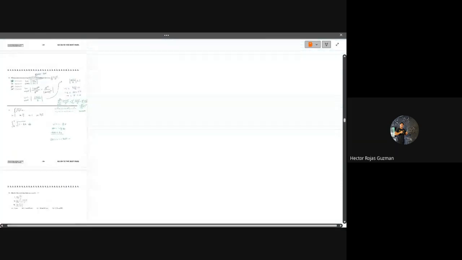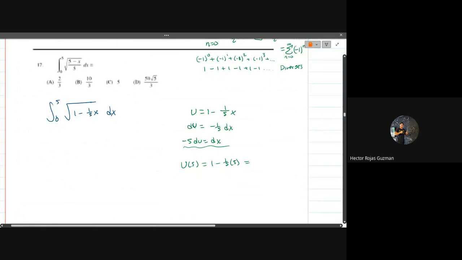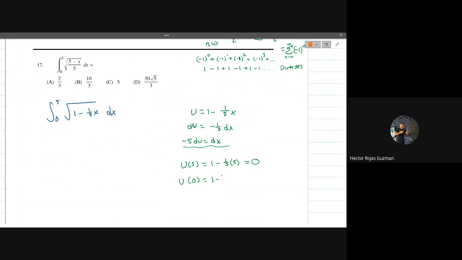This is where I'm at. Okay, so this was 0, and u of 0 is 1 minus 1/5 times 0, which is 1. So my new limits of integration become 1 and 0. Careful when you put them back.